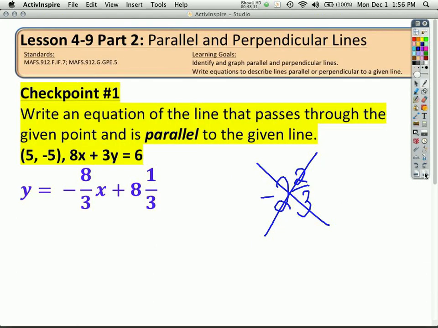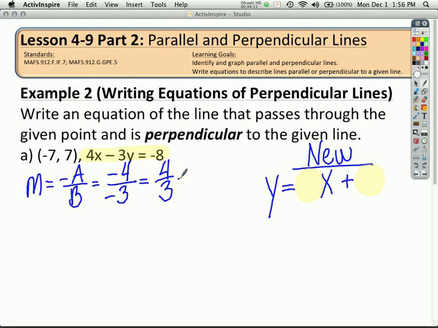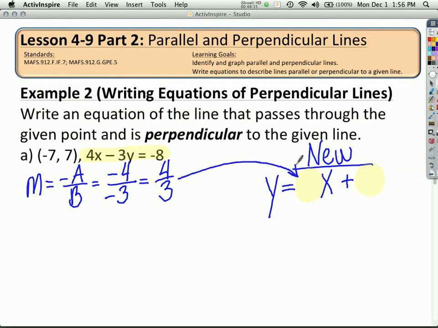But now, when we transfer the slope to here, we have to do something to it. And we'll just say flip, flip. Flip the sign, flip the number. Flip the number, flip the sign. It doesn't matter. But no matter what, the 4/3 is going to flip and flip.